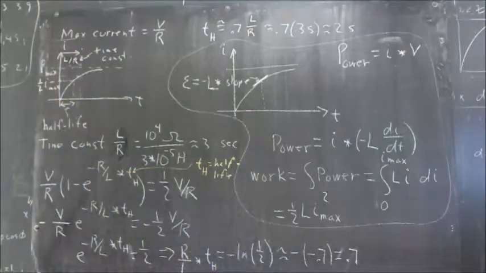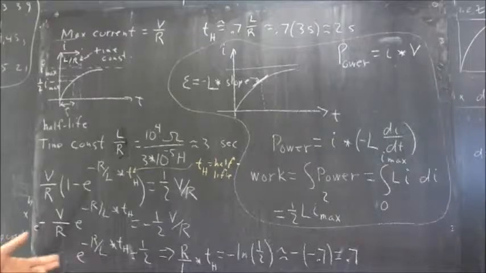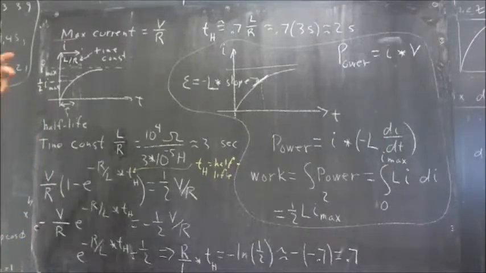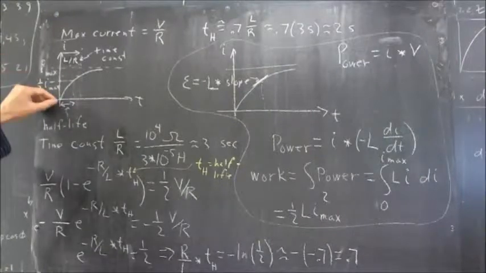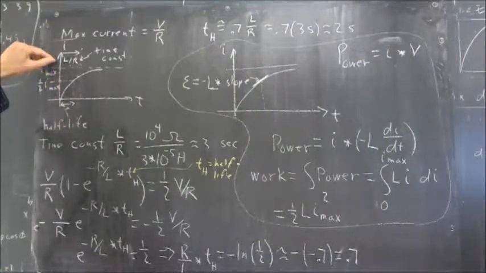And in a half-life, your current is approaching 1/2 of the maximum.